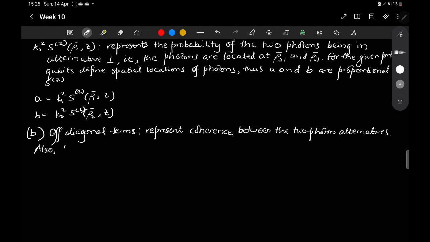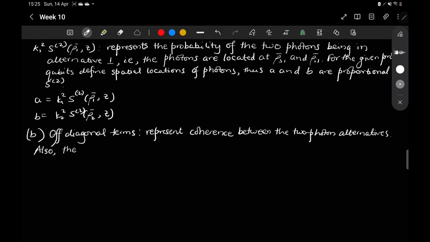Also, the correlations are determined by the cross spectral density W. Correlations or coherence.